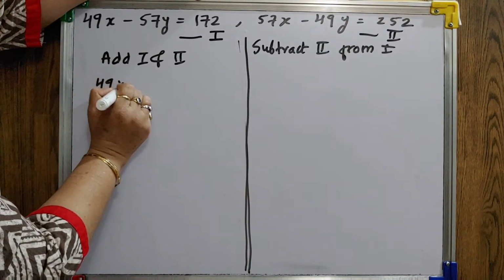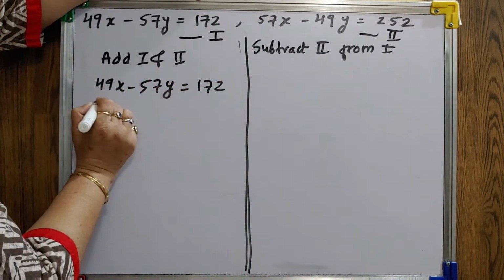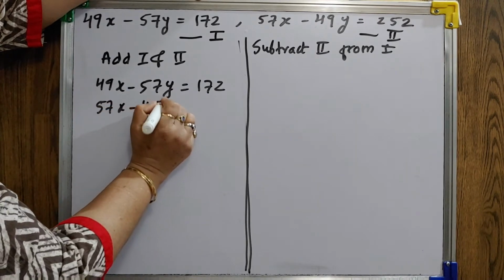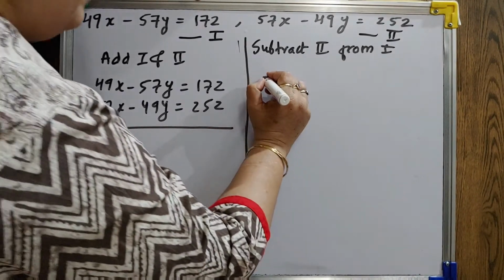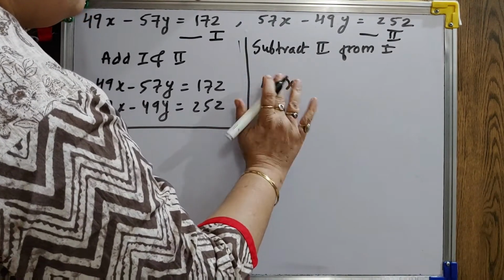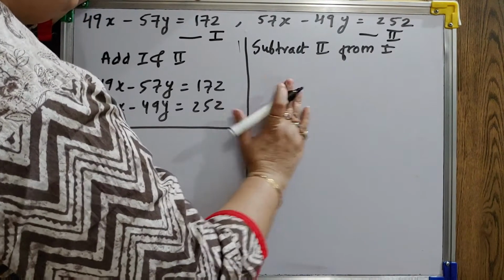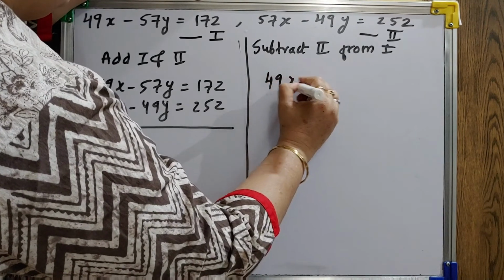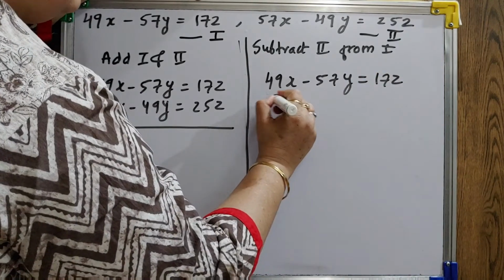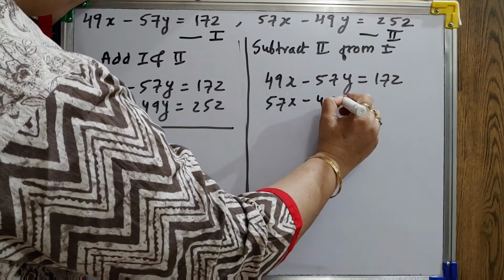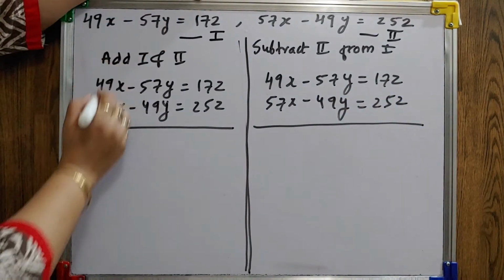Now, first arrange the equations along with sign properly, on both sides. First equation, second equation, now here you add them.